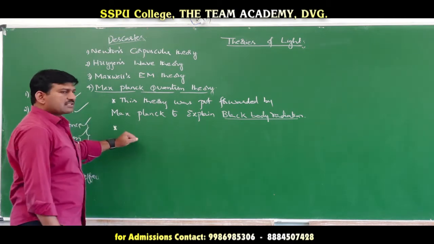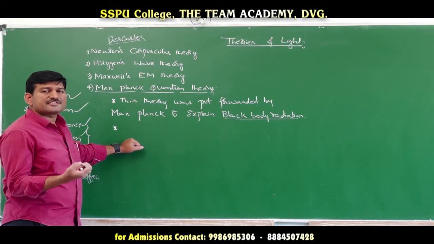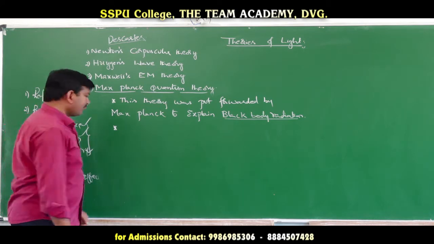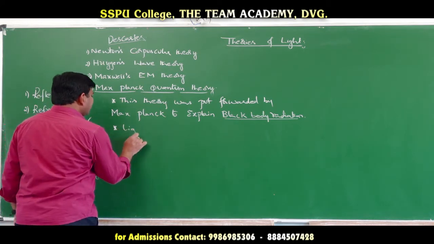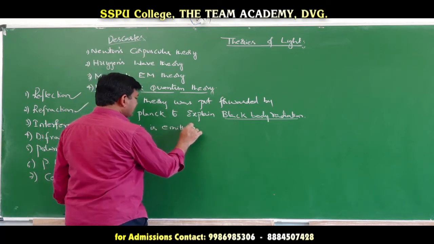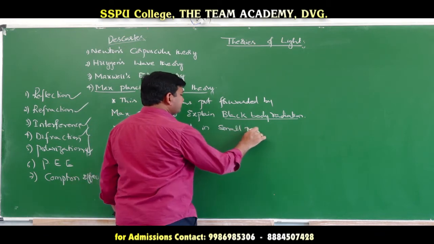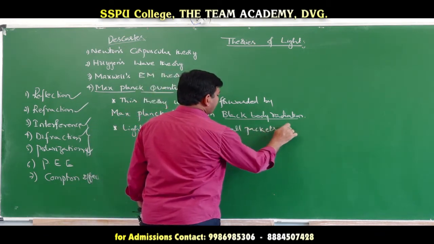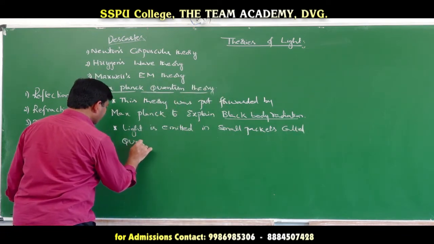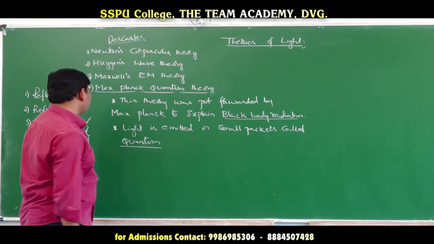And according to this Max Planck quantum theory, light is emitted from a black body in the form of small packets of energy called quantum. The plural form for quantum is quanta.